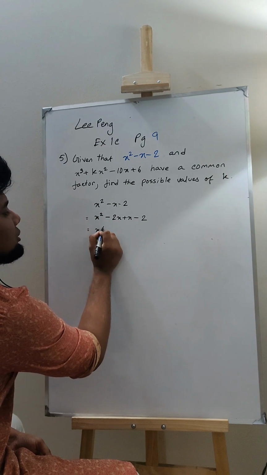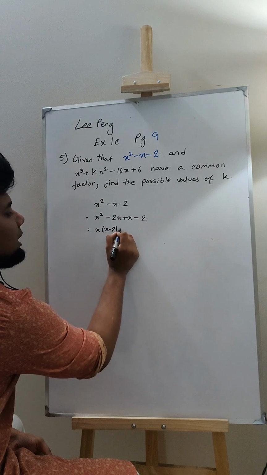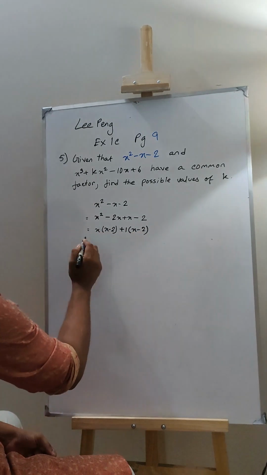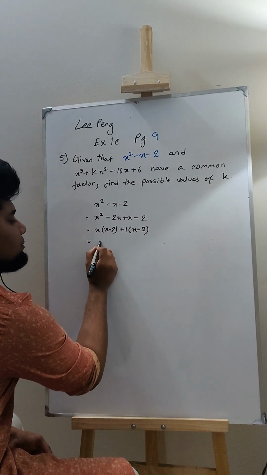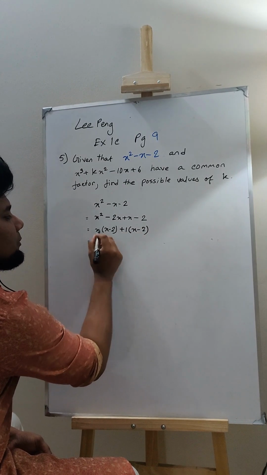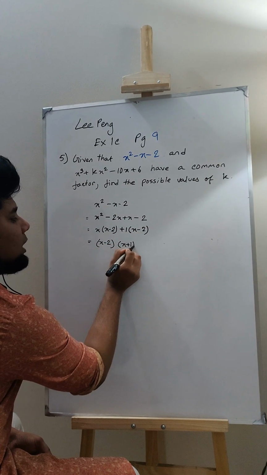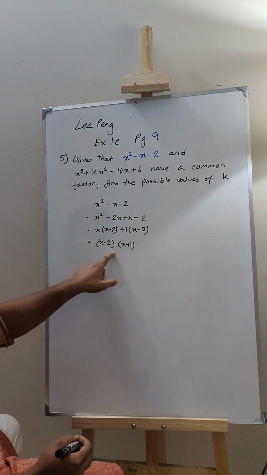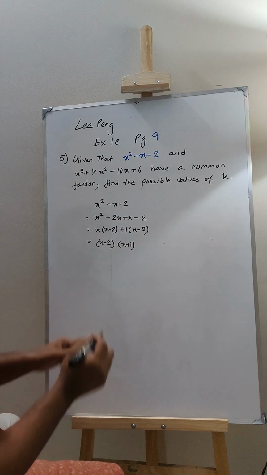If I take x as common, x minus 2. If I take plus 1 as common, I will get x minus 2. Then if I take x minus 2 as common, I will end up with x plus 1. So now I have factorized this expression into x minus 2 and x plus 1.